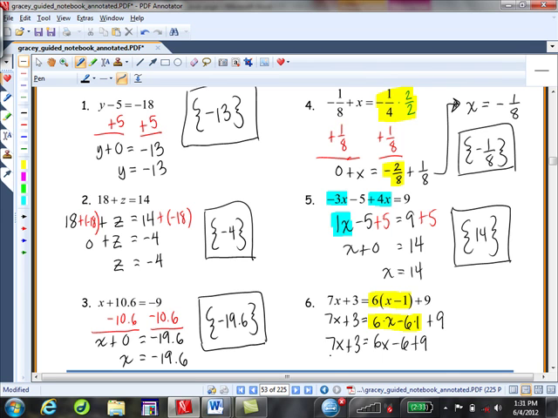Now we'll have 7x plus 3 is equal to 6x minus 6 plus 9. Then we'll have 7x plus 3 equals 6x. Negative 6 plus 9 gives us a positive 3.